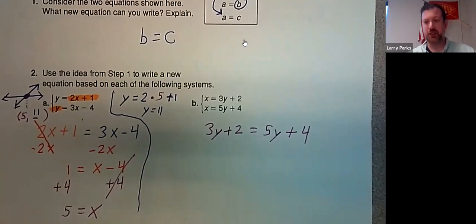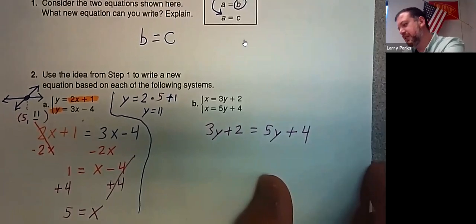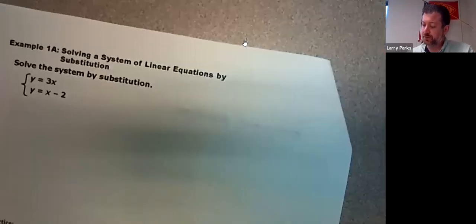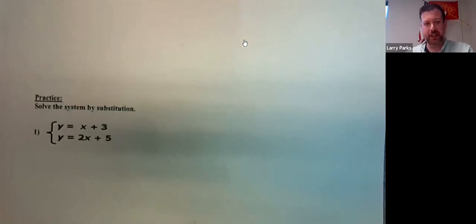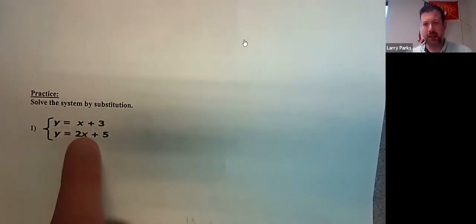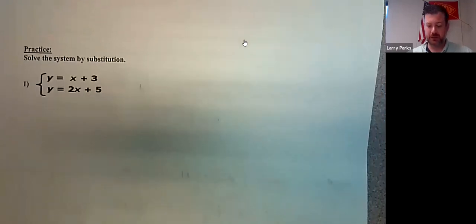I want to make sure I show examples for every single type. So that one's just like this one, it's just x equals instead of y equals. These are the same thing. Just set them equal to each other, then solve for x and find your value of y. If we have time, I might come back and do one of these.